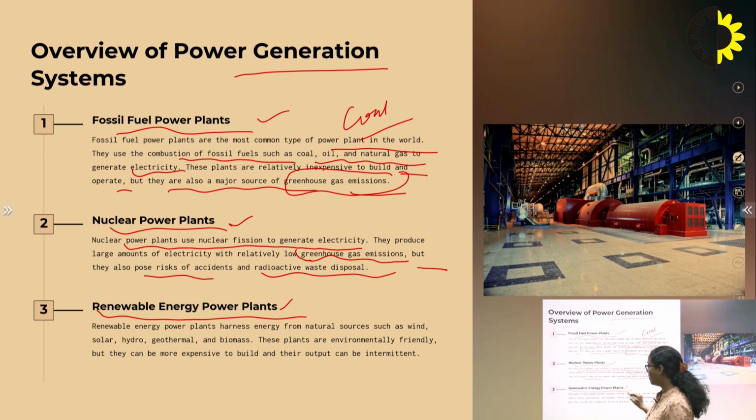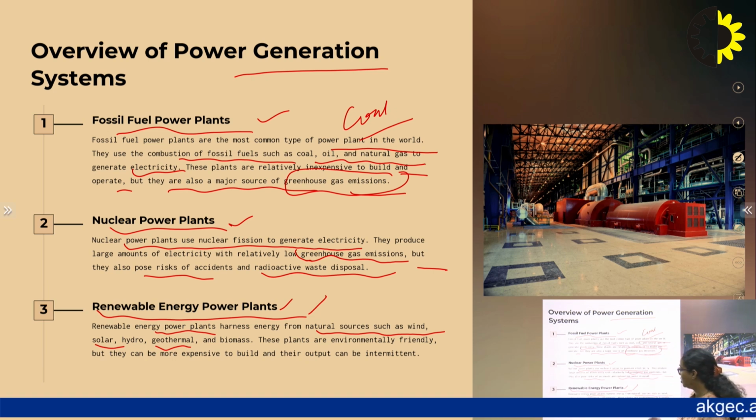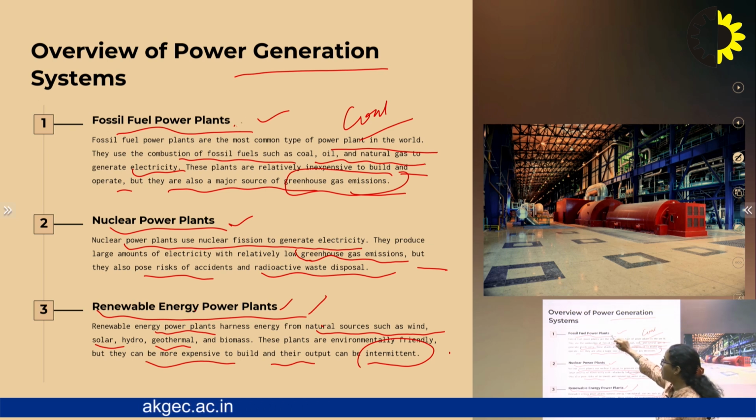Renewable energy power plants harness energy from natural sources such as wind, solar, hydro, geothermal and biomass. So these are the major sources of renewable energy power plants. These plants are environmentally friendly, but they can be more expensive to build and their output can be intermittent. In the case of efficiency, fossil fuel power plants are majorly used.